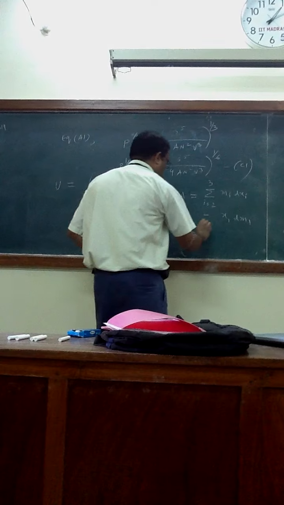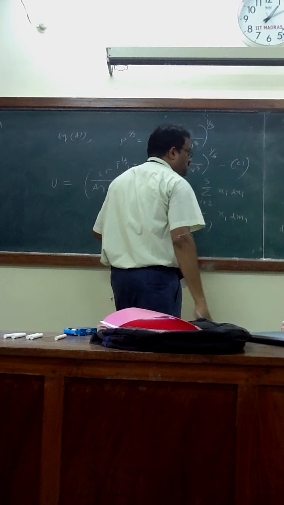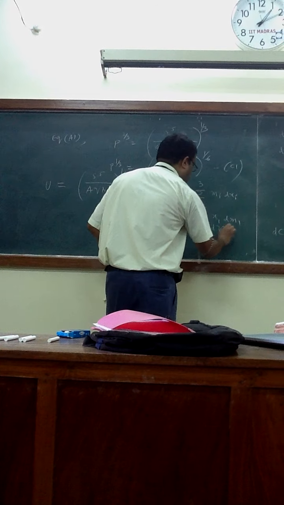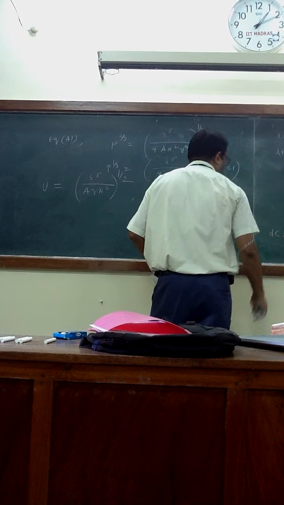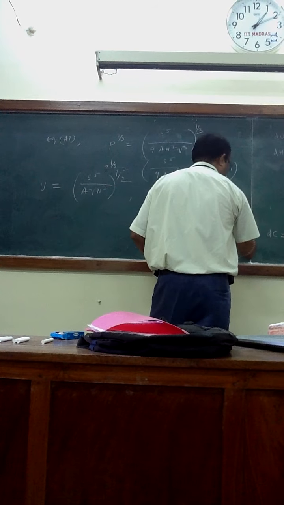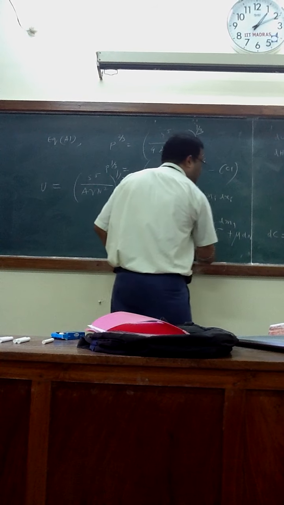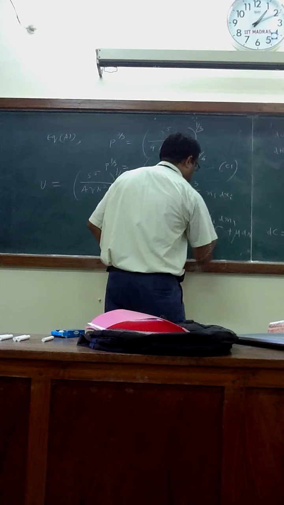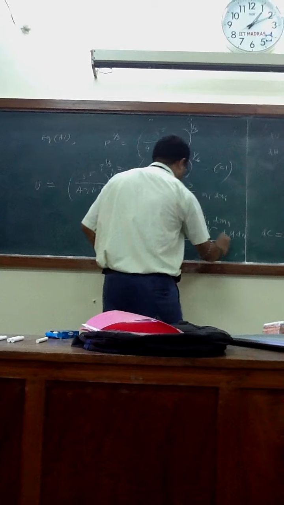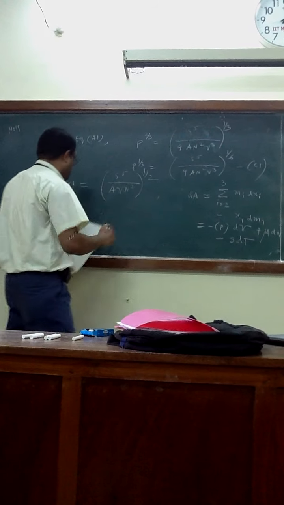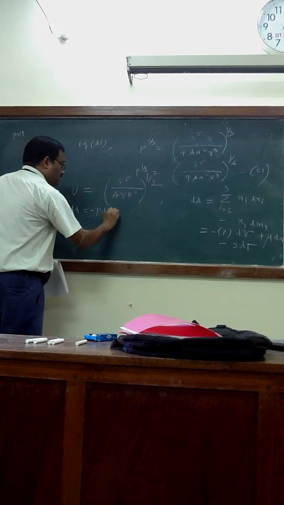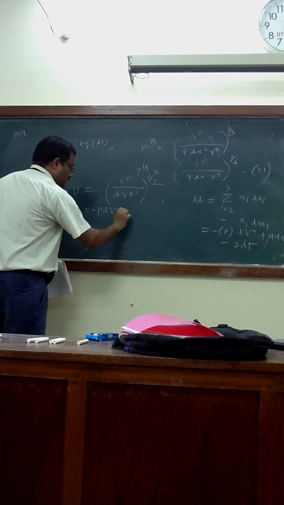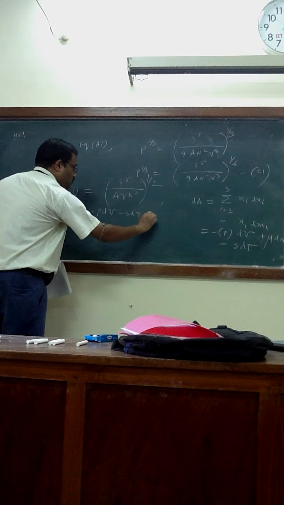Minus P, right? dx2 is dV. m3 is mu, and dx3 is dN, minus x1, which is S dT. So you got the expression dA: minus P dV plus mu dN minus S dT.